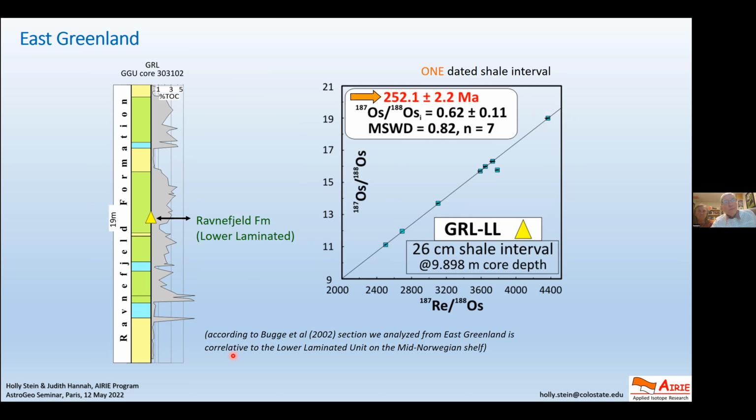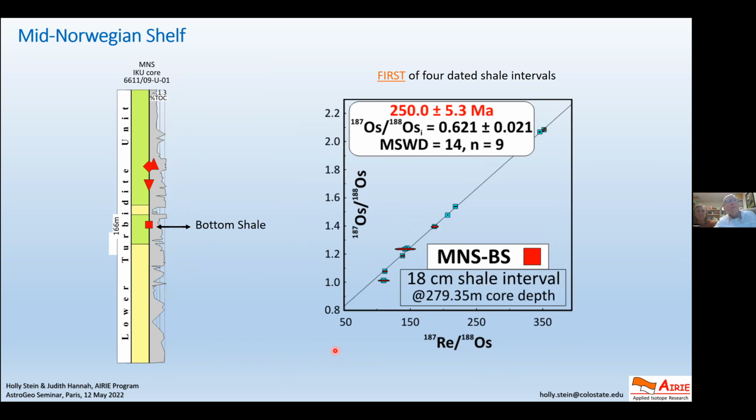Presumably this Greenland was postulated to be correlated to the mid-Norwegian shelf, the lower laminated unit. And we'll take a look now at the mid-Norwegian shelf. We had 4 sections that we did from there. The first was this bottom shale. If you look at the geochemistry story, this is a normal looking shale, so things went really wrong in the latest Permian when we look at these 3.